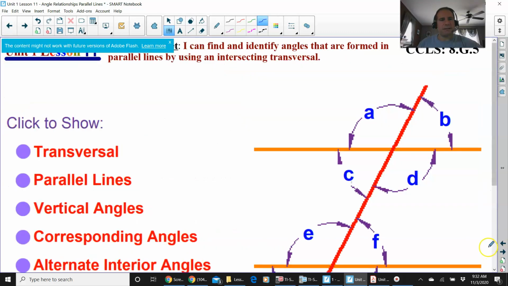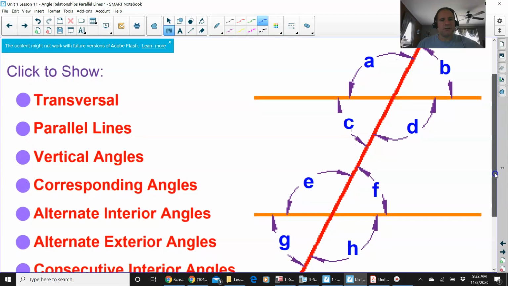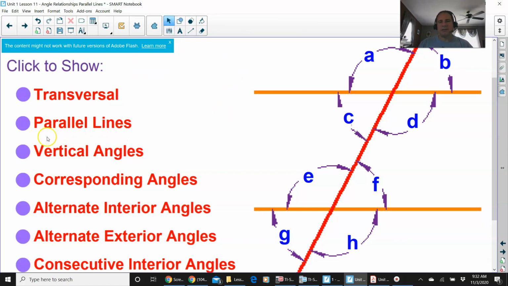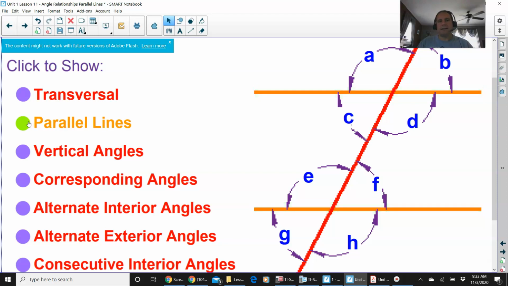All right, going on to the next page, we are going to just work together on this, going through all of the different angles. This is a pair of parallel lines that you see here. Just watch the screen. You don't have anything to copy here. Parallel lines are lines that never meet, and they are parallel to each other.